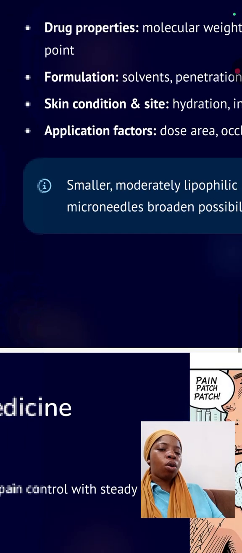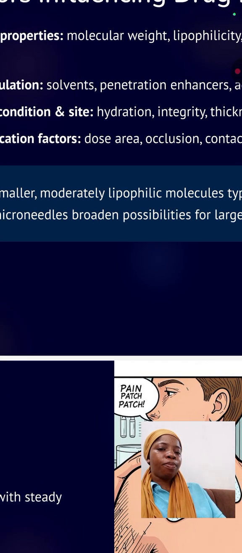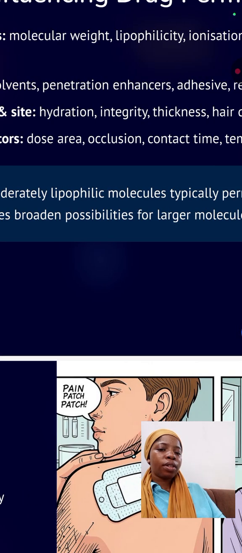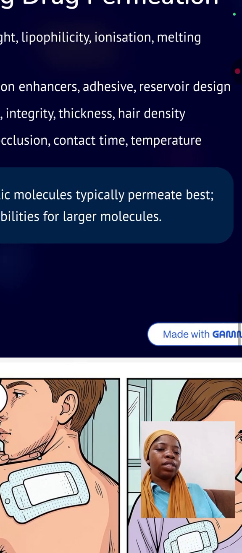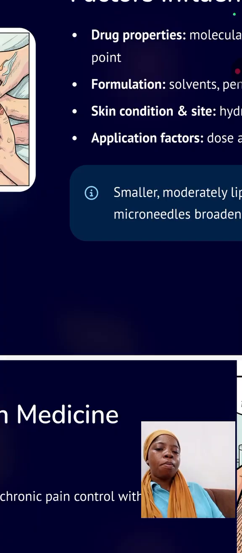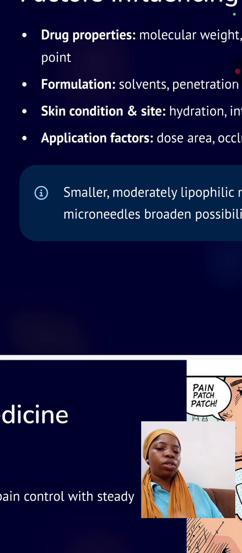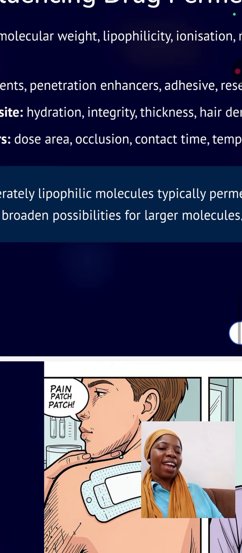And we talk about small, moderately lipophilic molecules, which typically permeate best. Microneedles broaden possibilities for larger molecules.